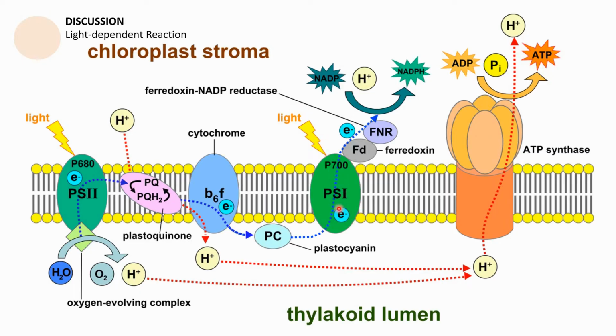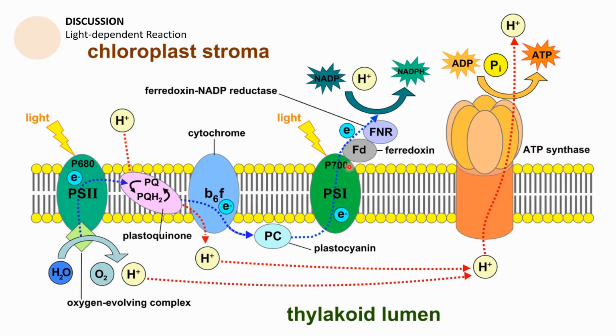Remember, photosystem 2 has the ability to capture light because it has chlorophyll. Ganun din si photosystem 1. Meron din siyang chlorophyll that will enable it to capture light, and it will be exciting that particular electron. Now, what will it do?